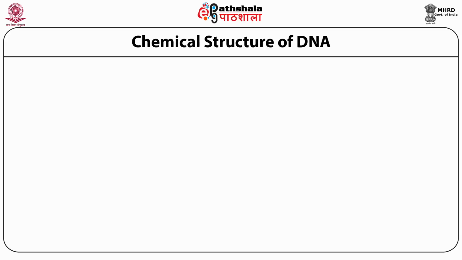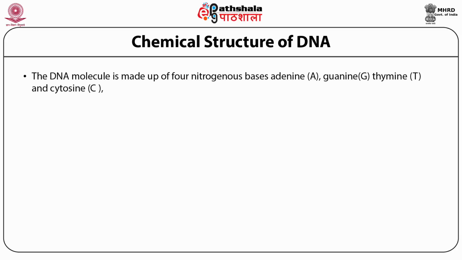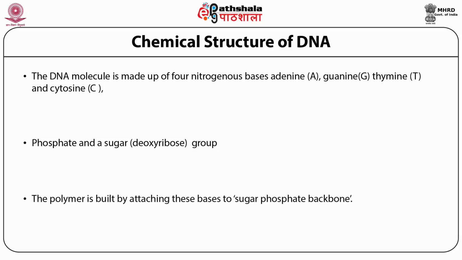Chemical structure of DNA. The DNA molecule thus is made up of 4 nitrogenous bases: adenine, guanine, thymine, and cytosine. They have phosphate and a sugar, deoxyribose sugar group. The polymer is built by attaching these bases to the sugar phosphate backbone.